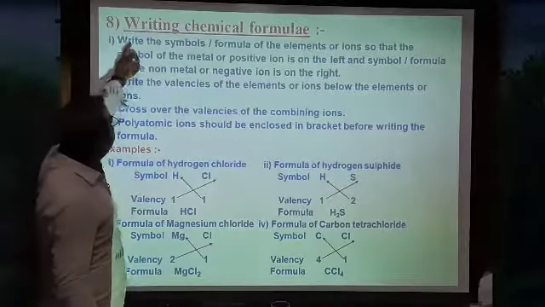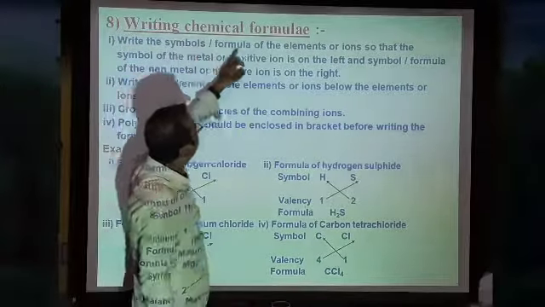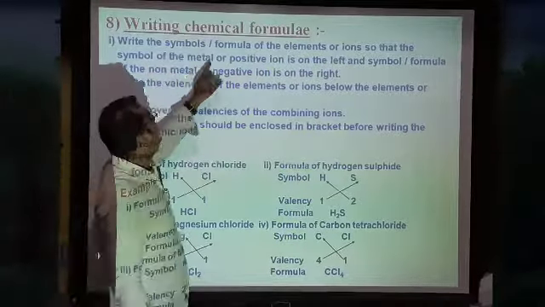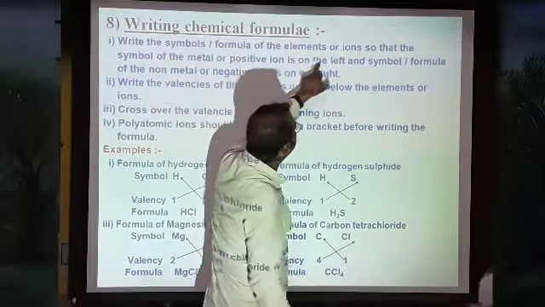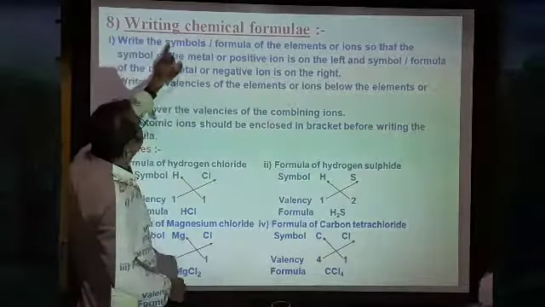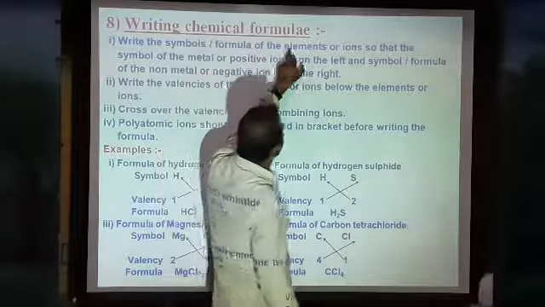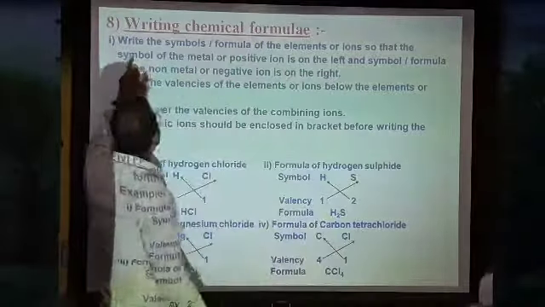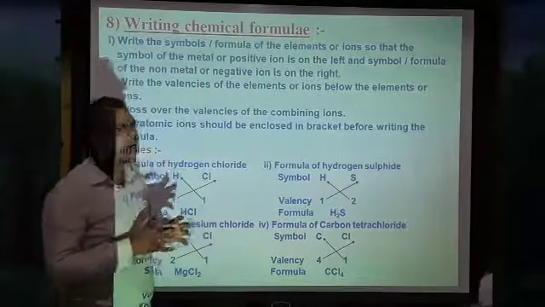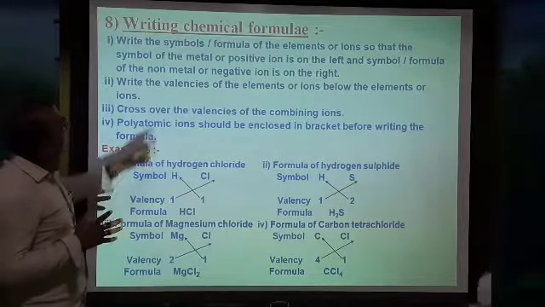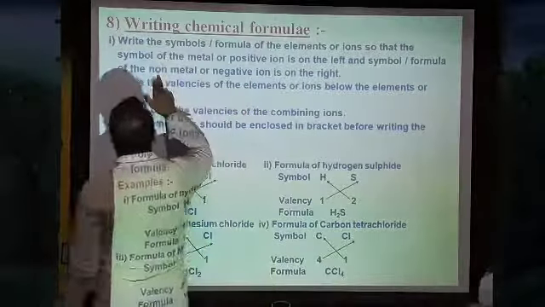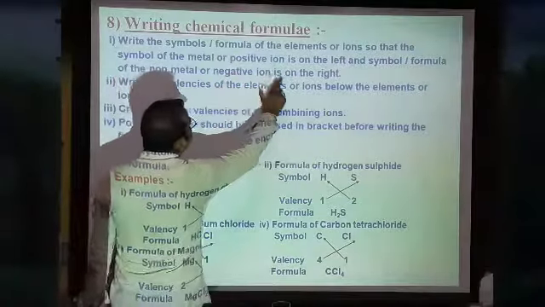Write the symbols or formula of the element or ion so that the symbol of the metal or positive ion is on the left side, and the symbol or formula of the non-metal or negative ion is on the right.